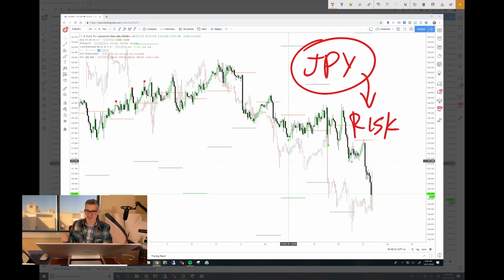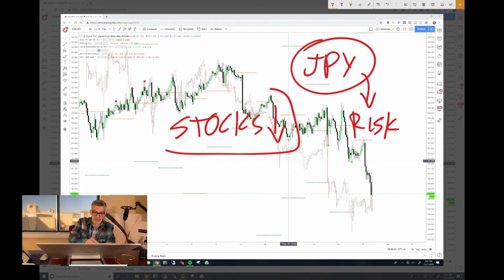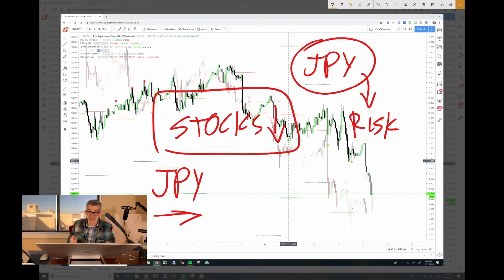But the converse is also true, and there's huge opportunity for those of us that want to take advantage of it. When stocks start to go down, here's what happens. Traders who have borrowed money in Japanese yen have to pay back those loans in yen. So they sell those stocks, and the stock market goes down.